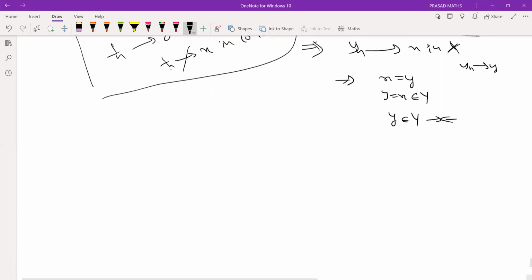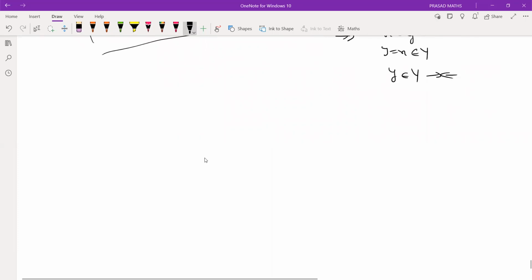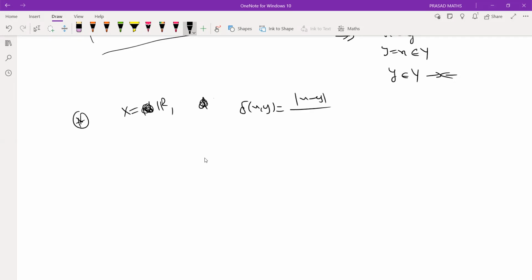Okay, is it clear? Okay, sir. Right? Suppose you take X equals R, and my metric is delta of x comma y equals mod of x minus y divided by 1 plus mod of x minus y.